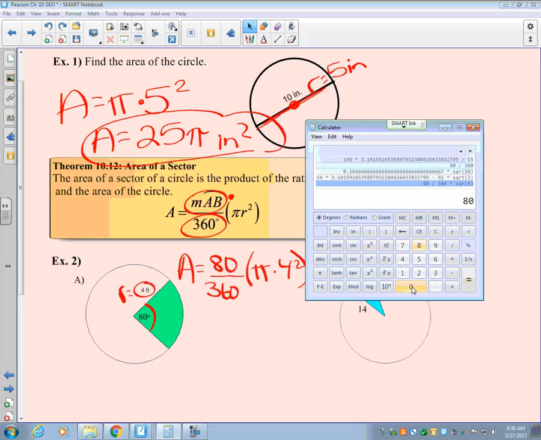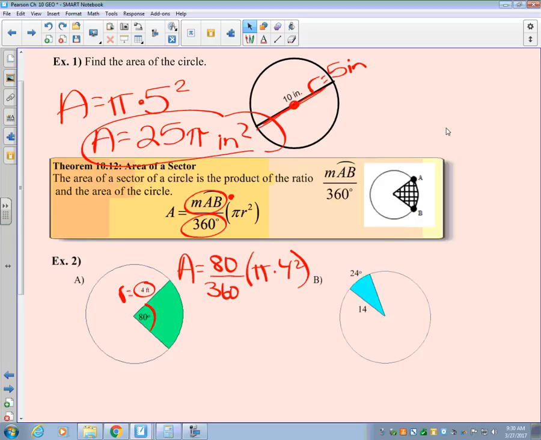Let me do that one more time. 80 divided by 360. And we look kind of decimally. Sometimes it's not decimally, like on some of these problems, it won't be so much of a decimal. So let's see if we can reduce it down.